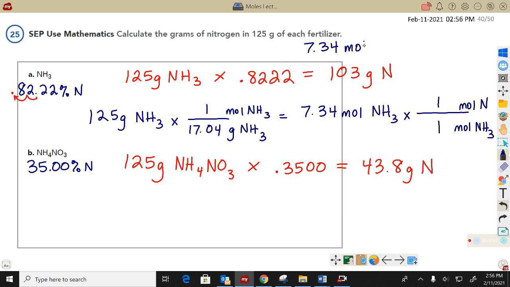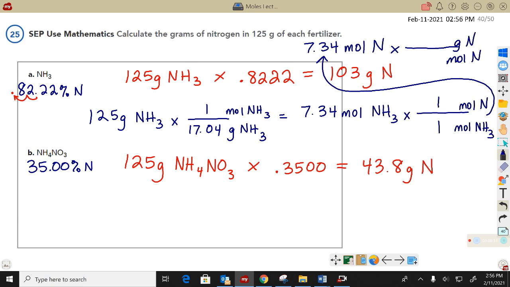Then I could take that 7.34 moles of nitrogen and cancel moles and switch it to grams. Oh, so here my answer was just 7.34. There's 1 nitrogen per mole of NH3.